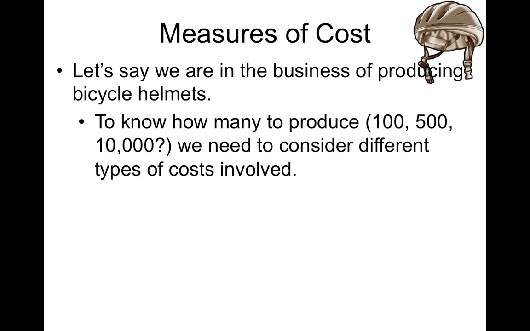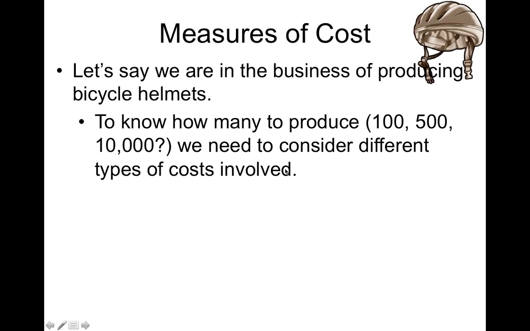So we need to know how many we're going to produce, and we need to consider the different costs that are involved. I need to know how many bicycle helmets I'm going to make. So am I going to make 10 billion bicycle helmets? No, there's only 6 billion people in the world, and I'm not trying to, in my startup company, make enough bicycle helmets even for everyone in the world.